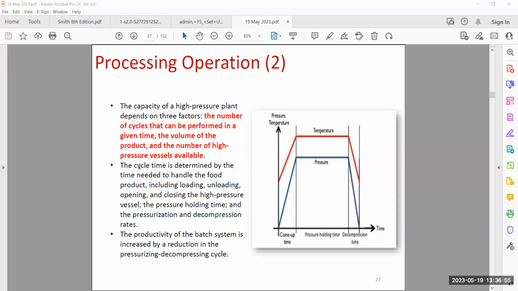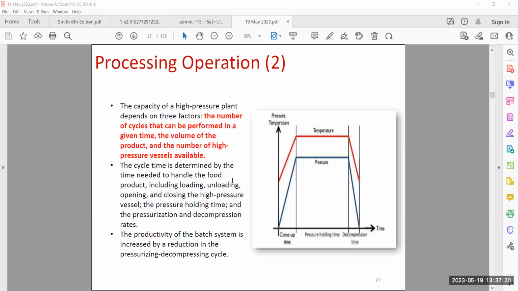Because the thing is, you need a cycle time that is determined by the time needed to handle the food product. So basically you would need to load your product, and then you need to wait for the pressure to come up or to build up. And then for the pressure to be applied onto your food, and then afterwards you need to wait for the pressure to go down again to the safest level, and then after that you need to unload it.